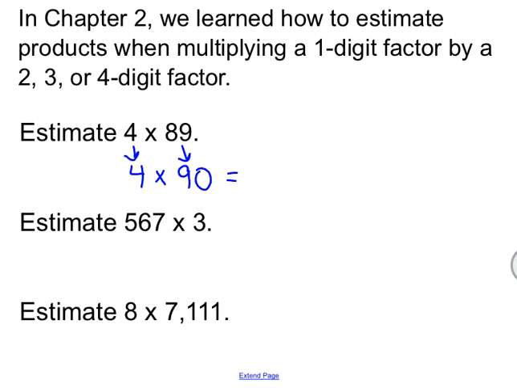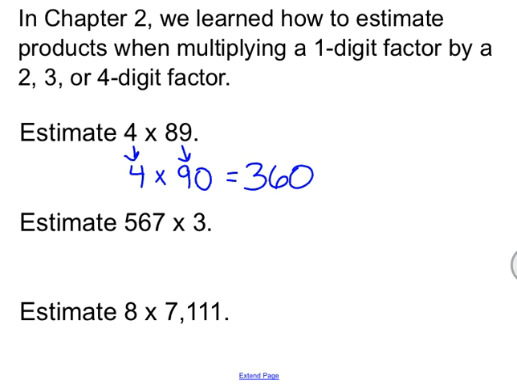So I just estimated. Now I multiply. 4 times 9 is 36. My 1 zero makes it 360. Now this is an estimated amount. It's approximately 360. We are not finding the exact answer today. We're only estimating the products for today.